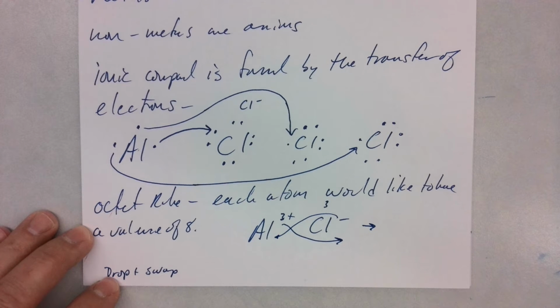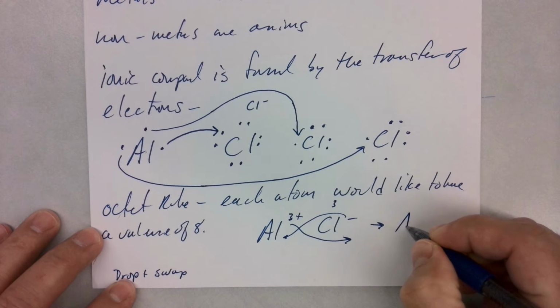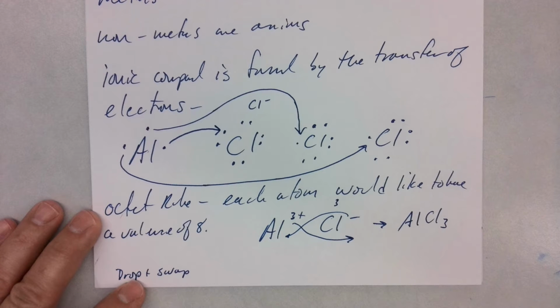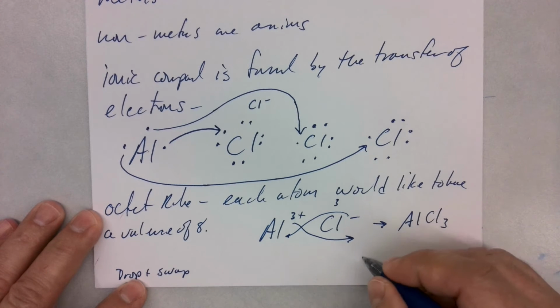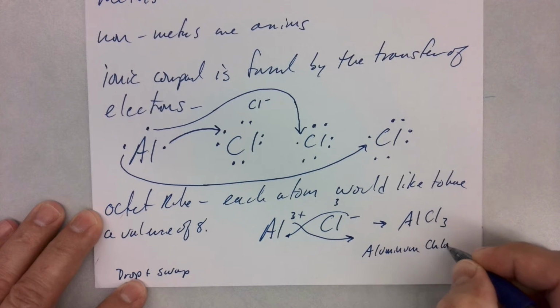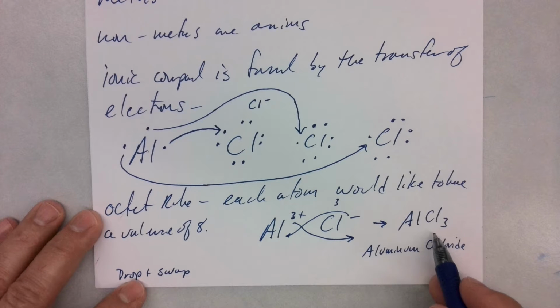And what am I going to end up with? Anybody want to take a stab at that? Nobody? I'm going to end up with AlCl3, and this is known as aluminum chloride. And that is an ionic compound.